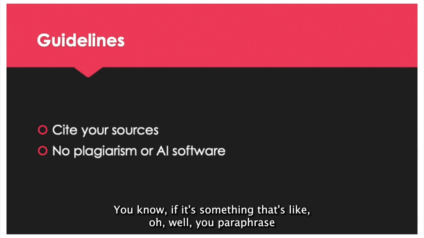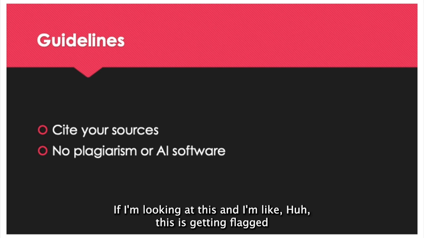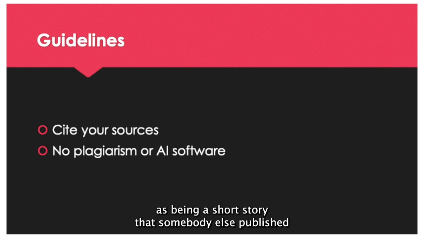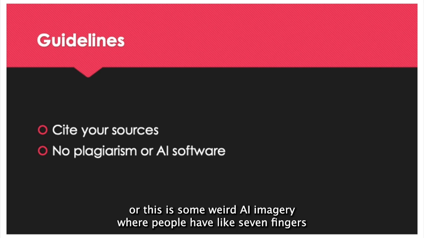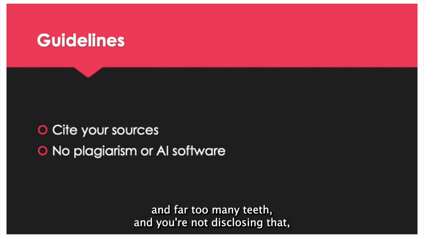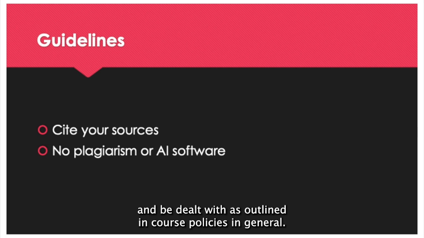If you paraphrased something and didn't cite the source, that's something we'll talk about. But if I'm looking at this and it's getting flagged as a short story somebody else published, or it reads like something ChatGPT wrote, or it's some weird AI imagery where people have 7 fingers and far too many teeth, and you're not disclosing that, that's automatically going to be treated as plagiarism and dealt with as outlined in course policies.